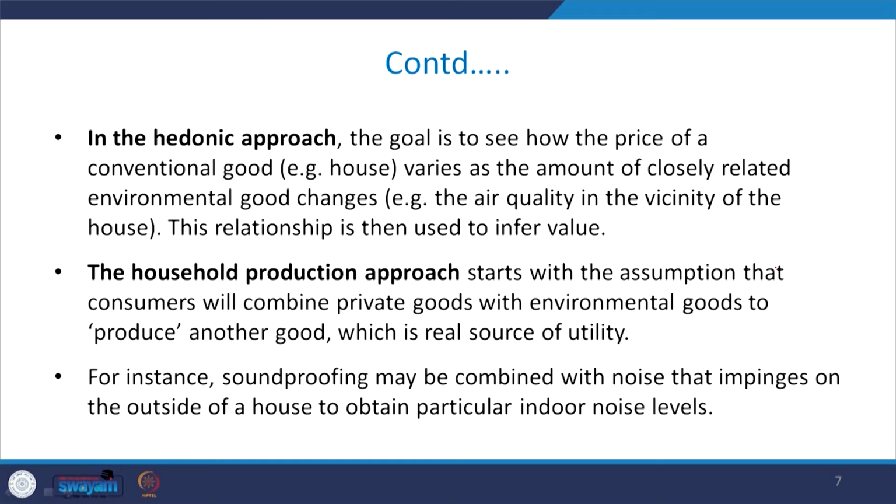For instance, soundproofing may be combined with noise that impinges on the outside of a house to obtain a particular indoor noise level. So, a conventional product is combined with another environment-related product, a third product is generated, and then we can see how the price is varying.